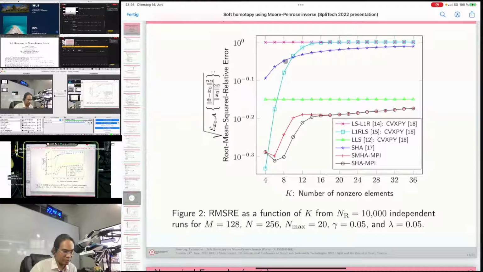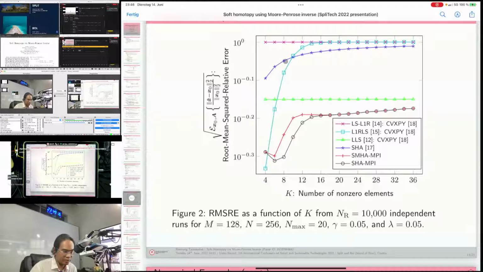This is the typical least squares criterion, and here are the L1 regularization methods, LS L1R and L1 IRS, in references 14 and 15. Both of these are convex and can be computed by CVXPY, which is available software.